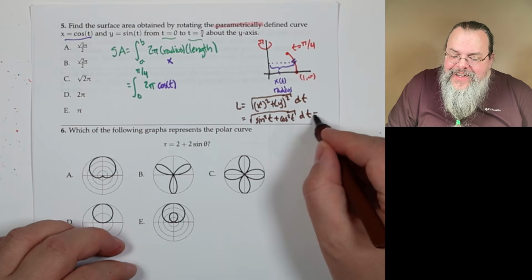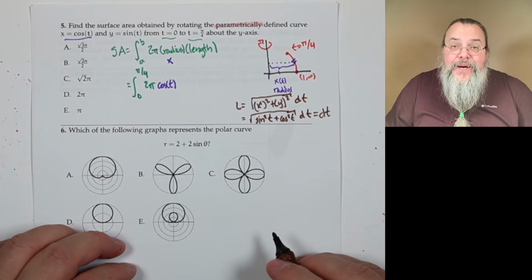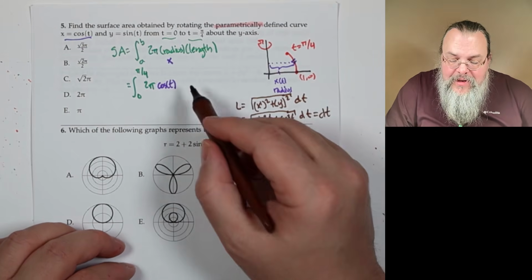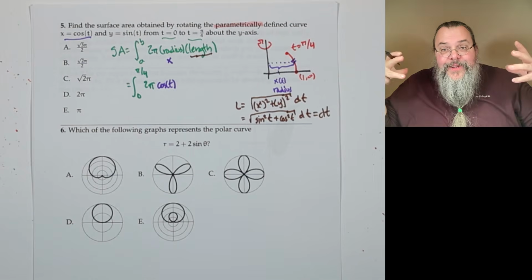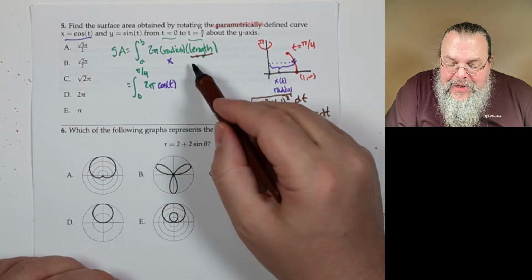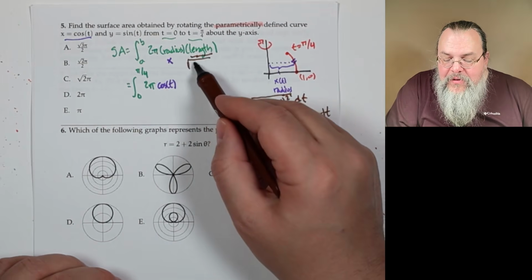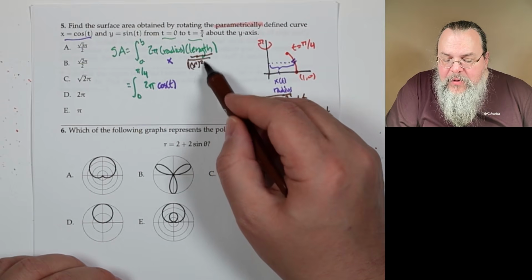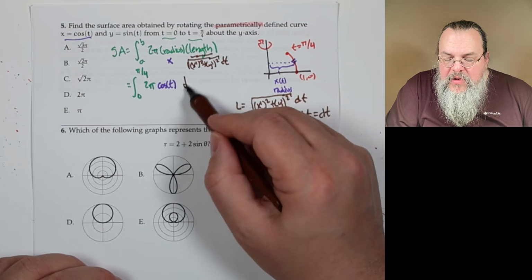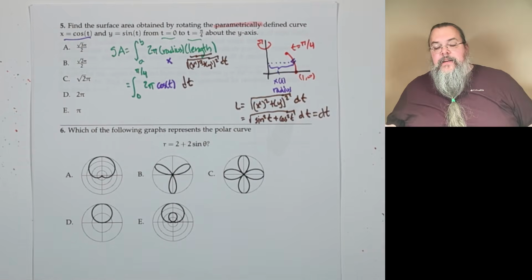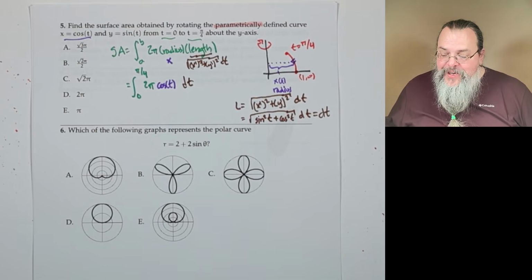And so this becomes very nice. It becomes dt. That's the advantage of working on the unit circle: you have very nice pieces here. So we'll go ahead and write this down. This is x prime squared plus y prime squared dt, which becomes dt. So that's our computation we have to carry out.